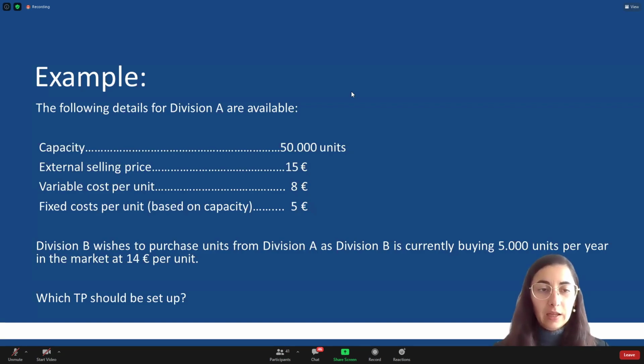For division A, we have an external selling price, we have a variable cost, we have fixed costs, and division B wants to buy 5,000. They normally buy 5,000 from the market at 14 euros. And division A sells in the market at 15 euros. So who can comment here how to go about this example?